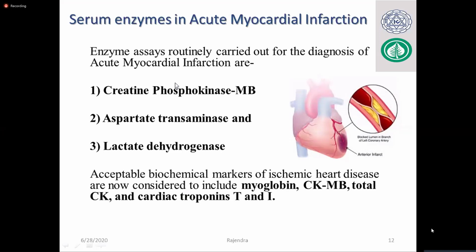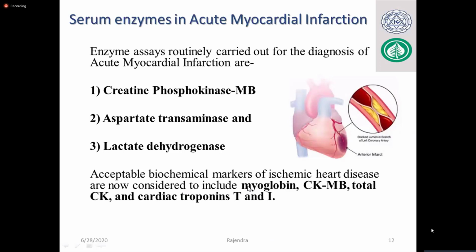Acceptable biochemical markers of ischemic heart disease are now considered to include myoglobin, CKMB, total CK, that is creatine phosphokinase, and cardiac troponin T and I. That means these are the enzymes or proteins which can be measured to rule out whether a person is suffering from myocardial infarction or not, along with ECG; without ECG it's not very easy sometimes.